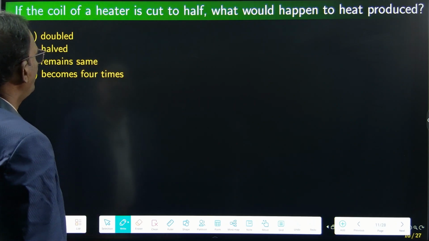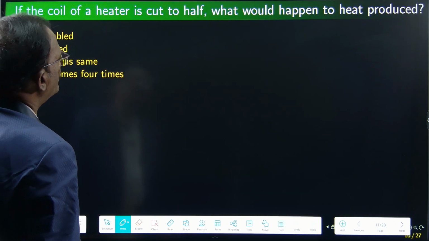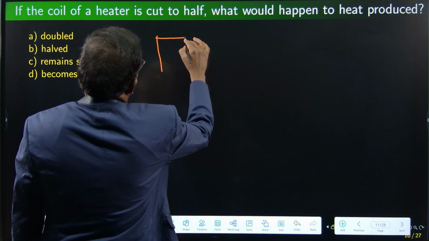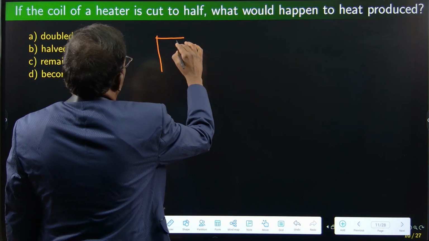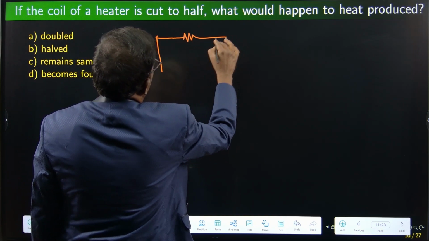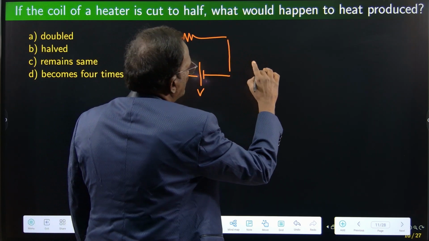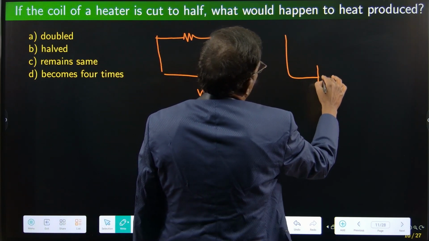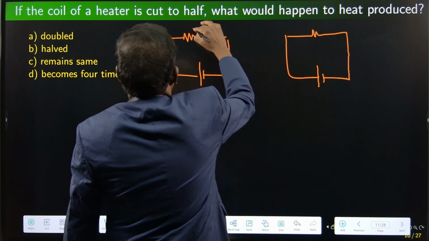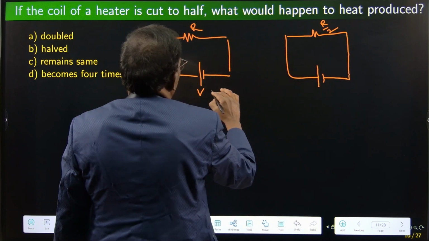If the coil of a heater is cut into half, what would happen to the heat produced? Coil of heater, so resistance, in this case 1, is cut into half. Half of the resistance is here. If it is R, then this will be R by 2.